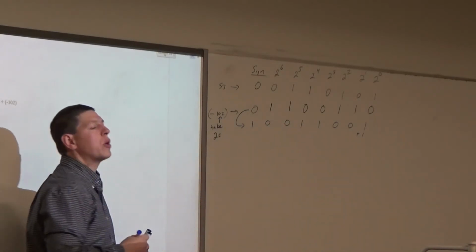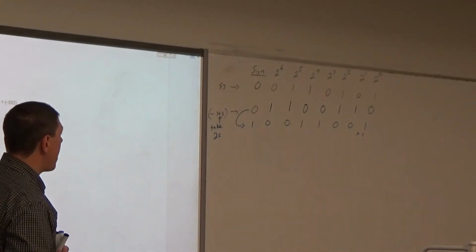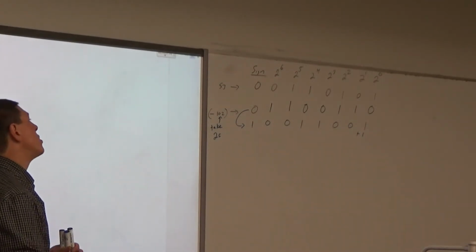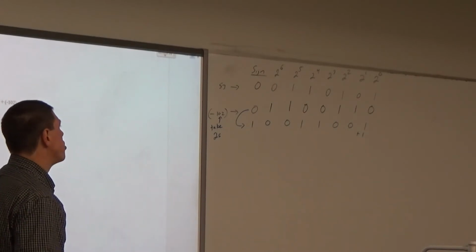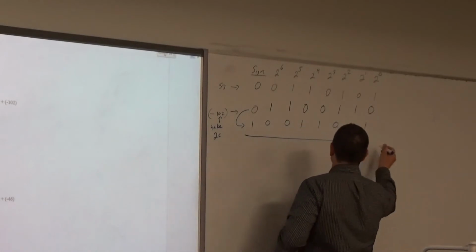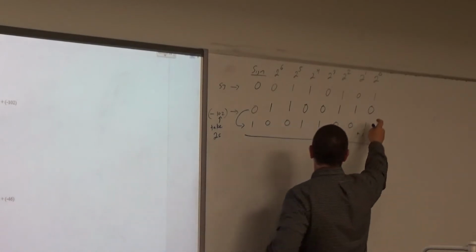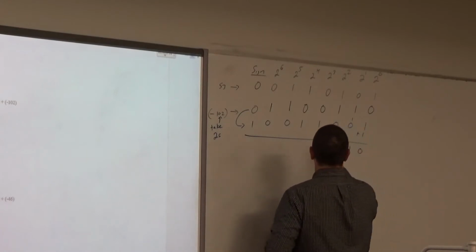Okay? So that's what a computer does. It says, okay, I'm going to remember that the first thing I encountered was a negative. So instead of having a separate register for this, I'm just going to use the 2's complement. If we add this, 1 plus 1 is 10. And then the rest of it we just carry down.